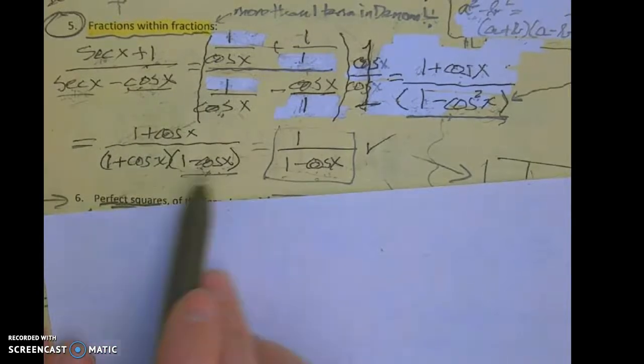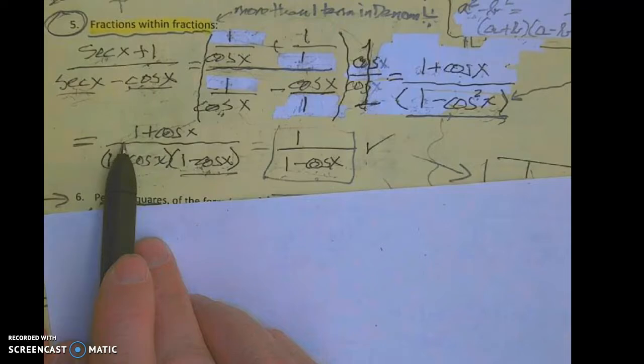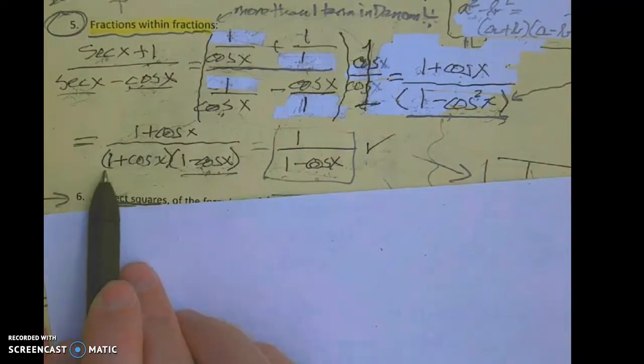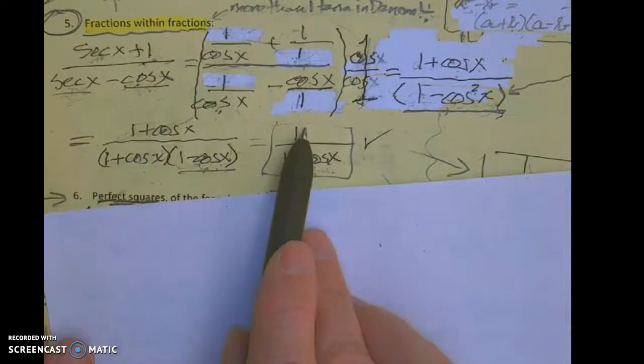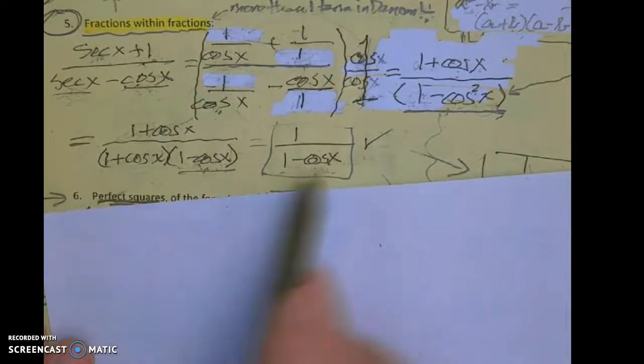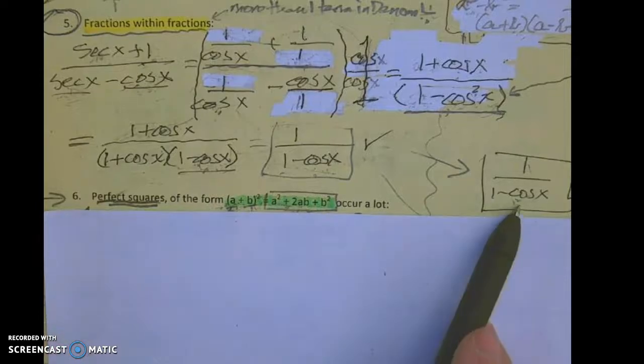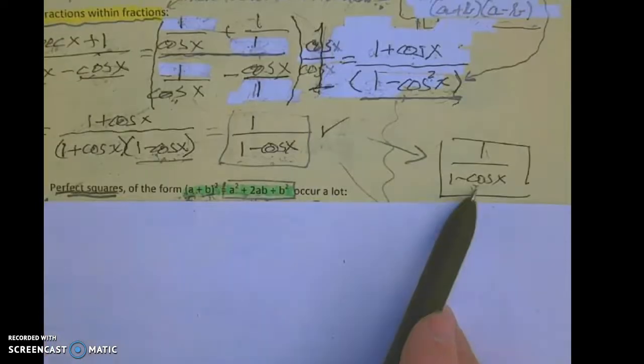And when I do that, I can see that 1 plus cosine of x on top and on the bottom both are going to turn into 1. So I drop those two there, and I'm left with 1 over 1 minus cosine of x, which is this factor right here. And that's going to be my final answer. 1 over 1 minus cosine of x.